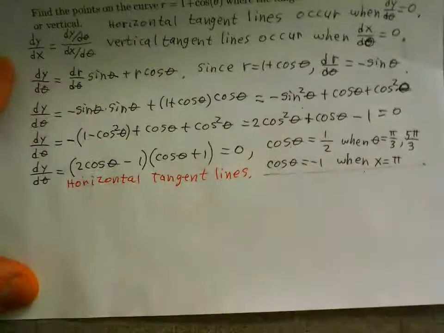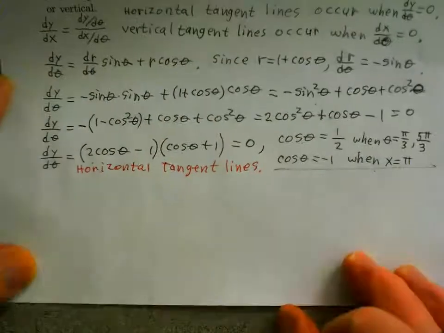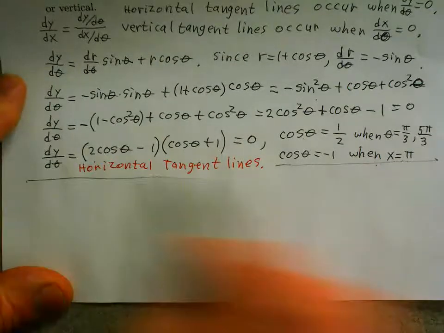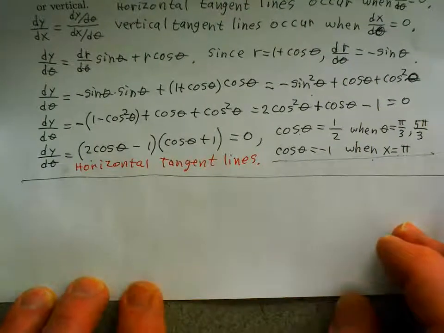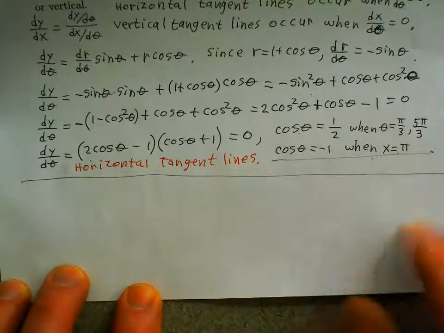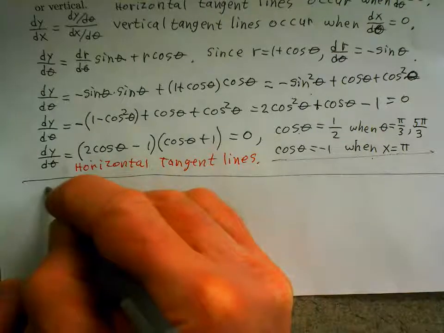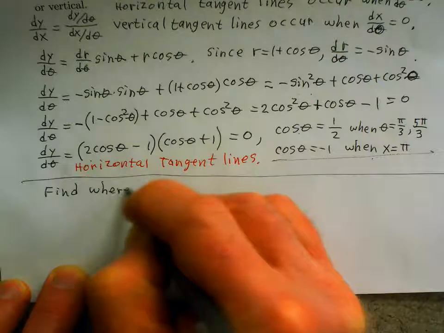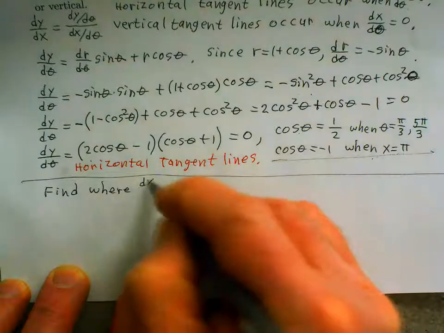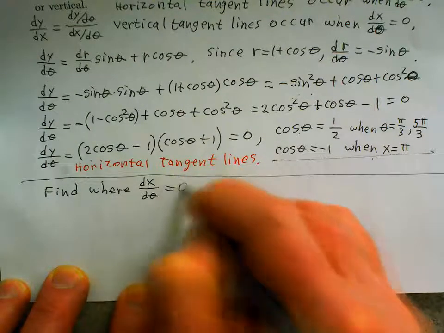Okay, for the next part, I'll leave most of the rest of this for you to do. To find vertical tangent lines, we want to find where dx d theta is equal to 0.